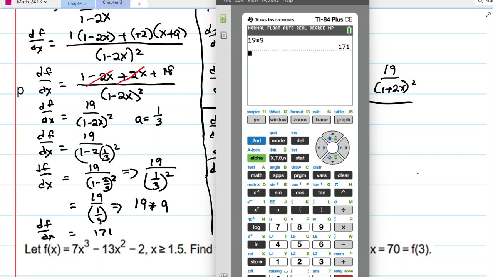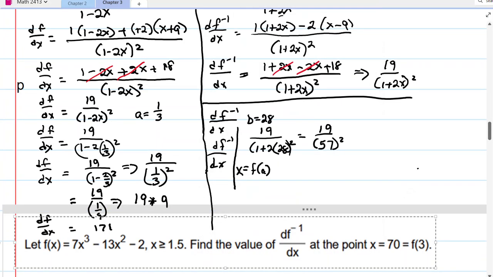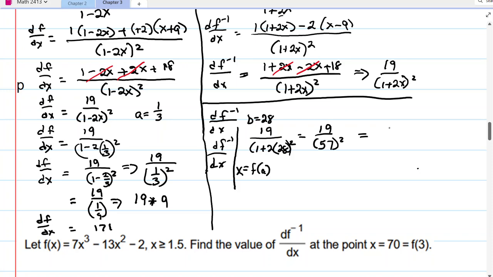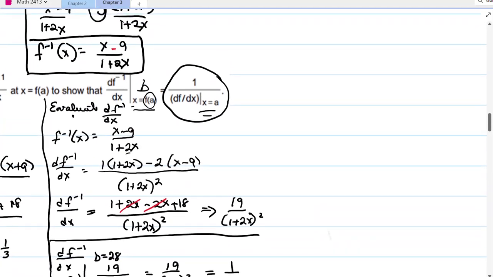I have 19 divided by 57 squared. Now that's an ugly thing, so we're going to hit math, frac, and enter. Oh my goodness, look at that. So we can see that it is the reciprocal, 1 over 171.